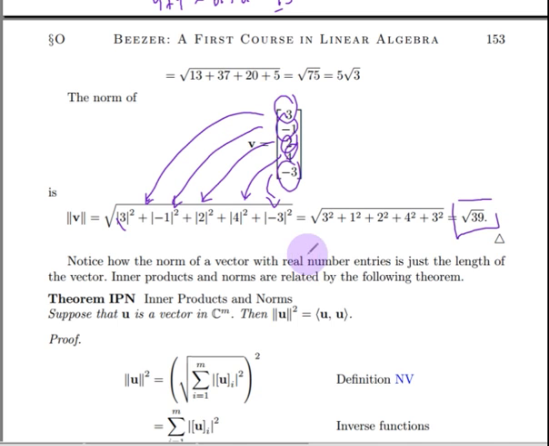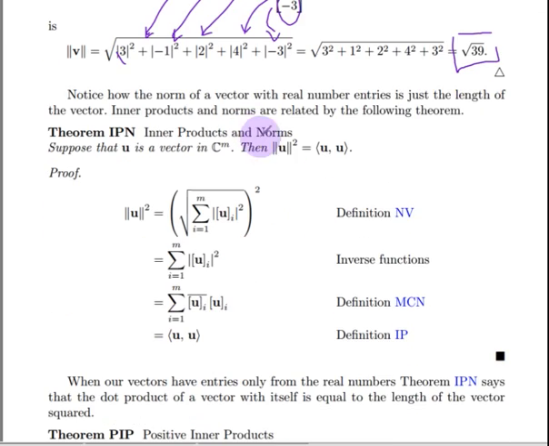Now, here's a relationship between norm and inner product. The norm squared is equal to the inner product of u with itself. Here you just do it by algebra, basically. This is the definition of norm, the square root of the sum of the squares.